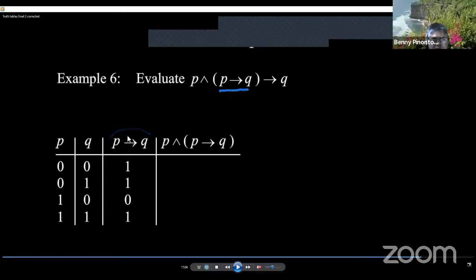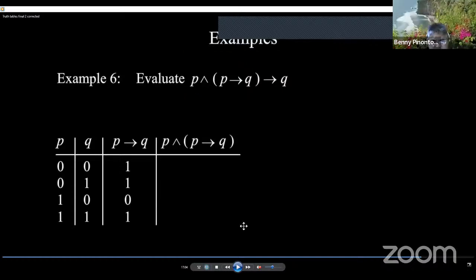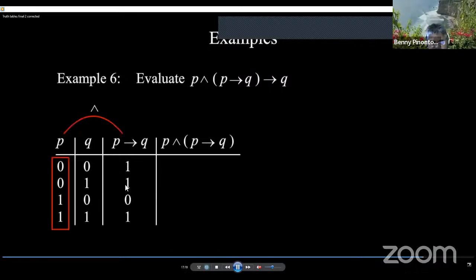So this implication is that one and not that one. Okay. Now here is just that. Okay, and then it is just and of the first and the third row. So the and of this and that one. Okay.